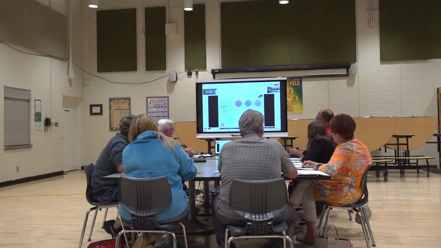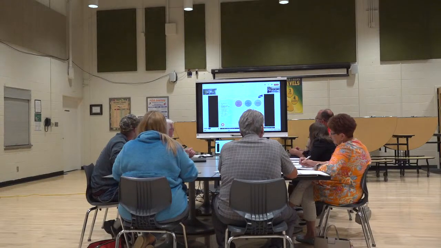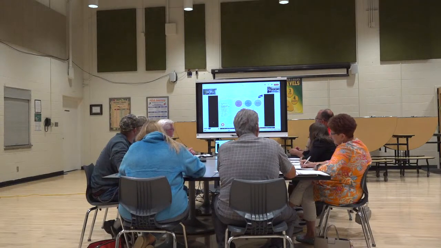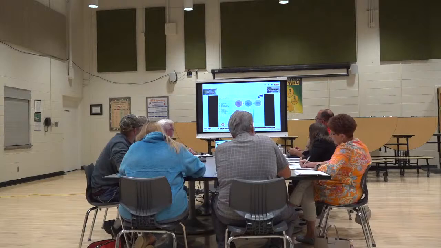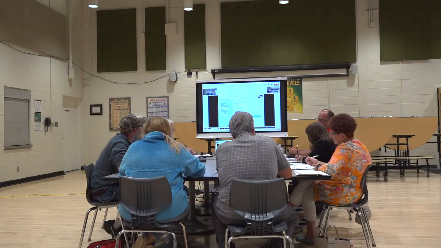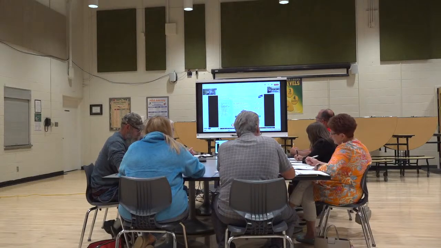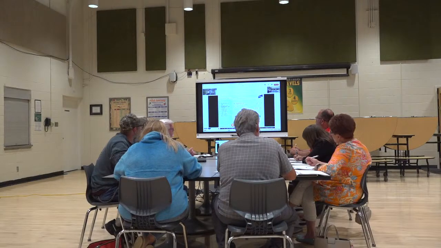So in Raymond, this breakdown is 35% of your revenue limit authority is covered by the state, and 65% is covered locally. That's the revenue limit levy number.